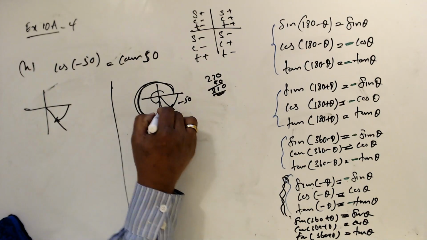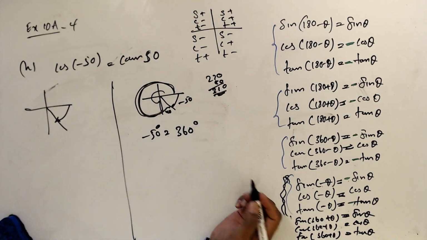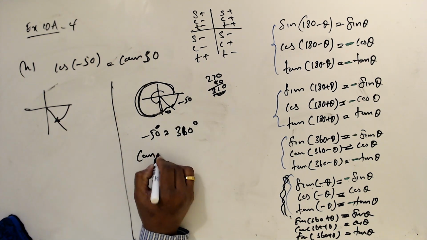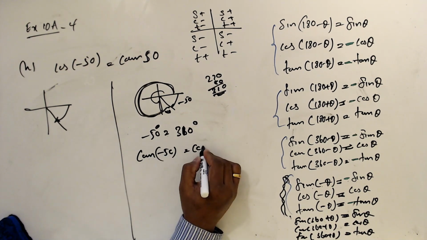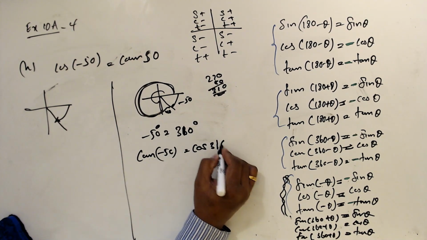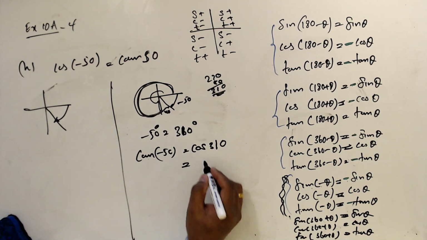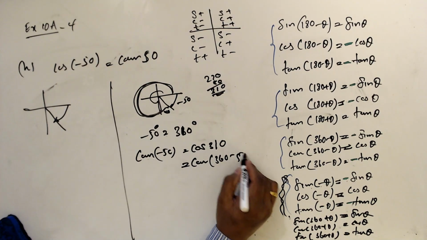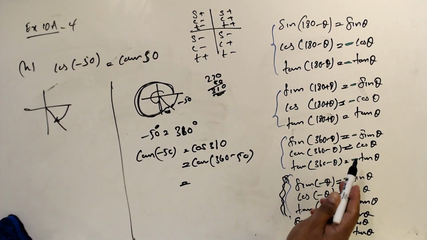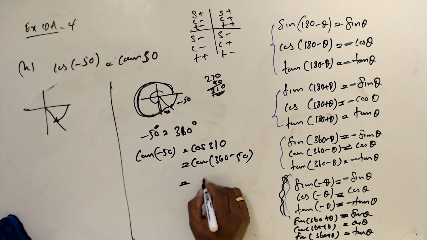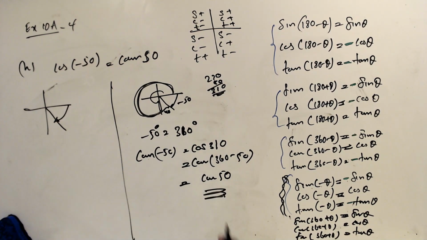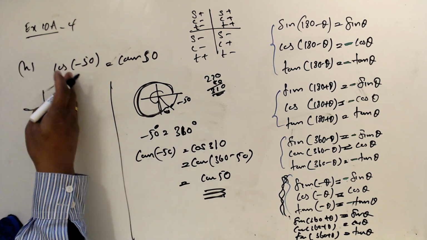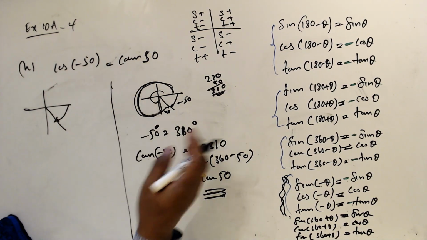So minus 50 means 310. So cos minus 50 you write as cos 310. Cos 310 you write as cos of 360 minus 50, which in the fourth quadrant is cos 50. Don't use this method. If you see this form, simply write cos 50.